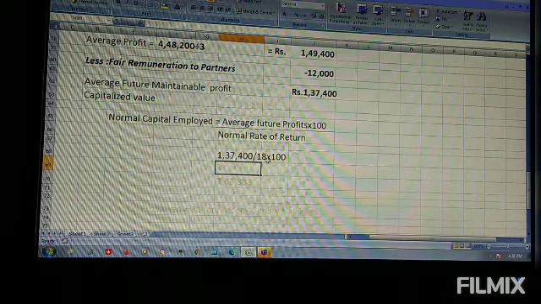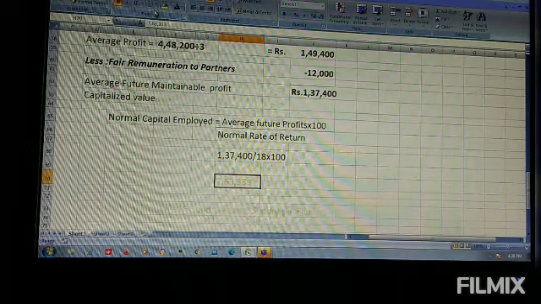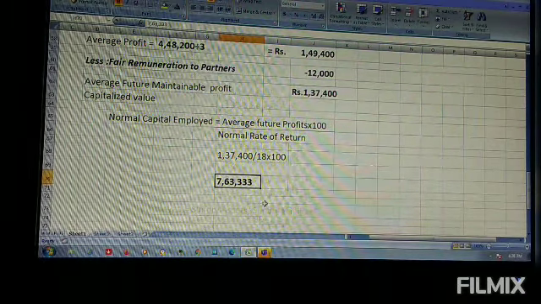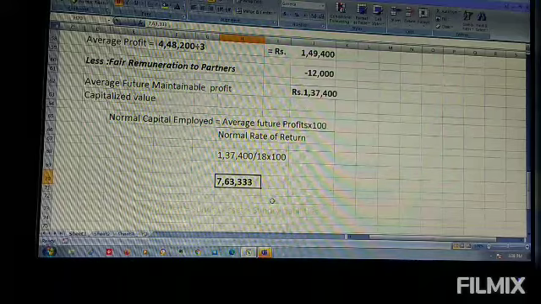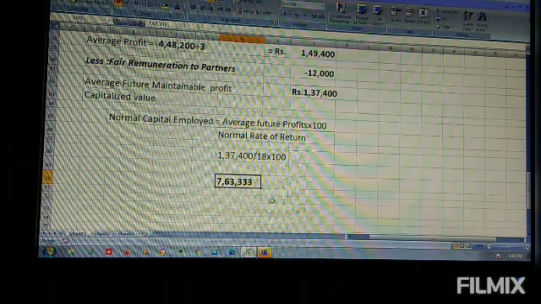How much do we get? 7,63,333. It is the capitalized value, or we can say normal capital employed. So we have got the normal capital employed using the formula.